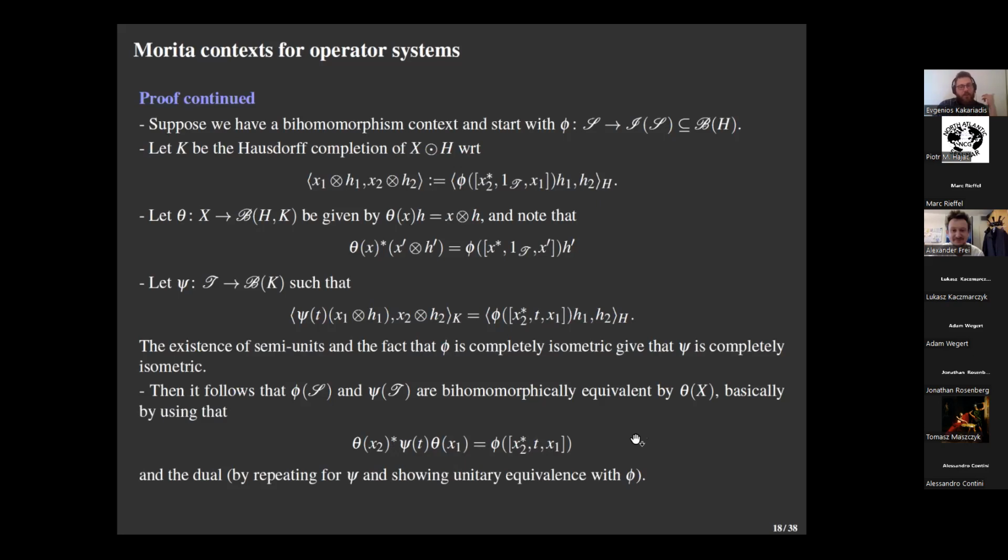If you apply this twice, you start with phi, you construct theta, then you construct psi, and then you start from psi and construct a theta prime and a phi prime, then phi prime is unitarily equivalent to phi, and theta prime differs from theta by applying a unitary on one side, the same unitary. So applying twice gives you a Hilbert space that is unitarily equivalent to H, and that helps show the dual relation. And that's the proof.